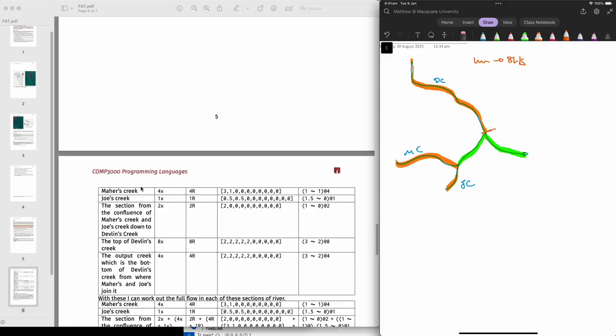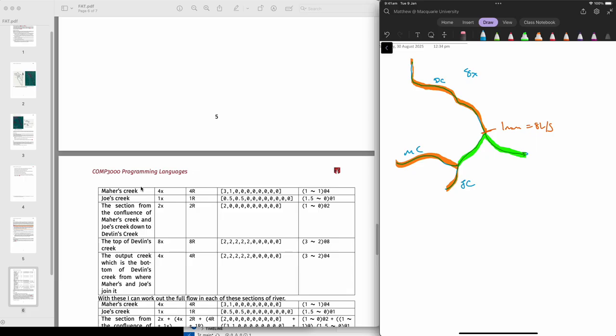And I mean right here, right? So 1 millimeter equals 8 liters per second right here. And if you get 1 day of rain, let's say I'm just doing the version where you get 1 day of rain, that causes outflow for 1 day. So if I'm doing that, I'm going to represent the Devlin's Creek section as 8x, because 1 mil goes to 8 liters per second, so that's my literal form for that bit.